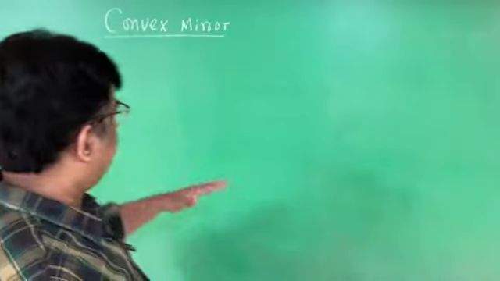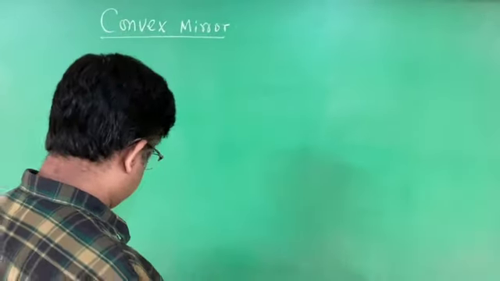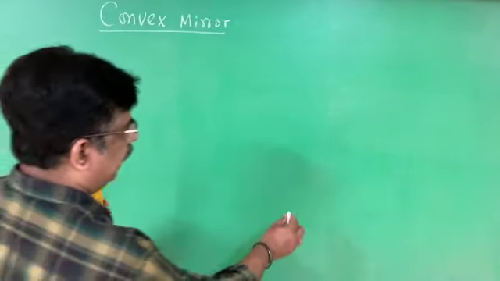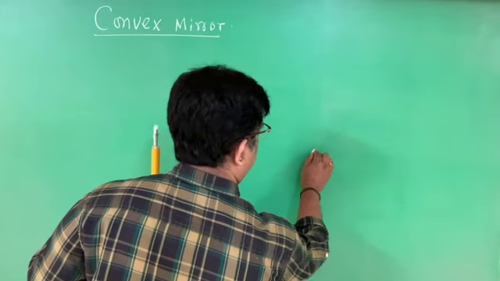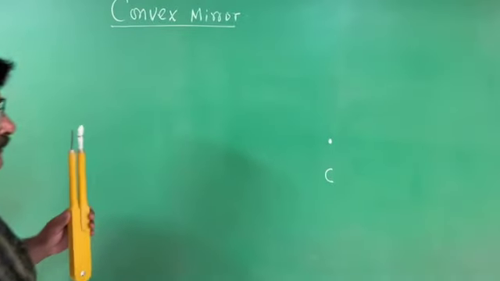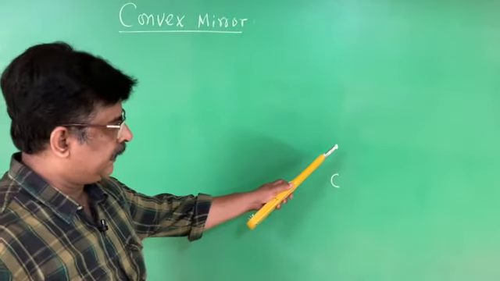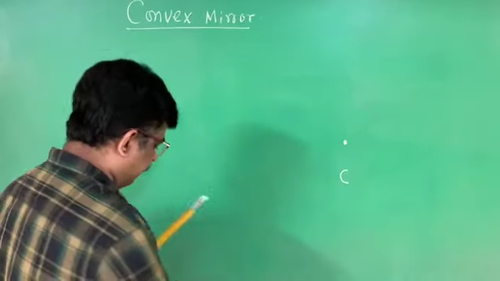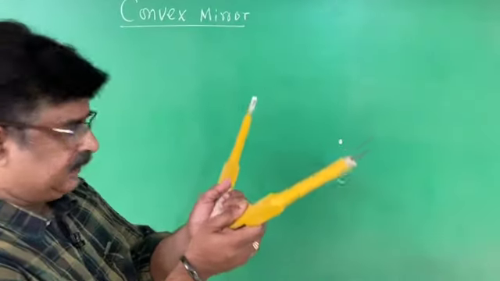By that, what happens now? I wanted to draw the convex mirror. Therefore, I put a mark, and I make it C. C is the center of curvature. Take the compass.